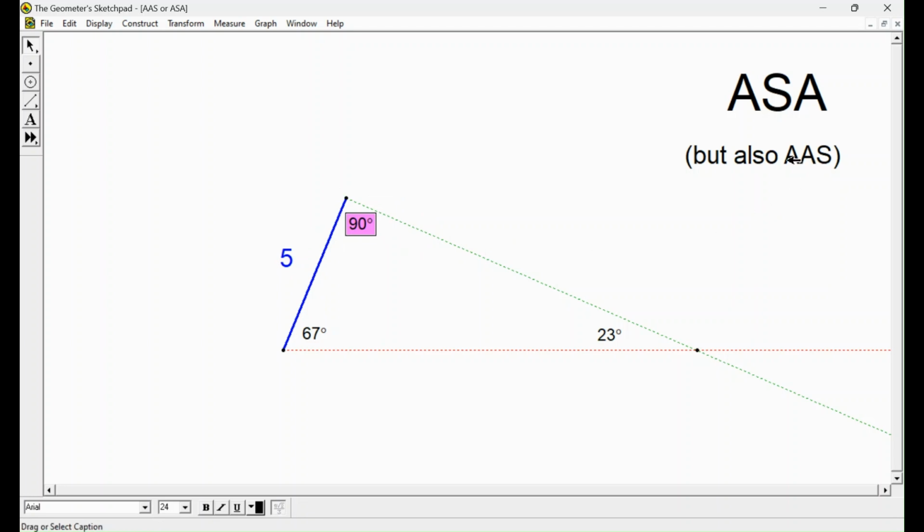So I don't really use angle, angle, side as a valuable tool, because every angle, angle, side situation is also an angle, side, angle situation.